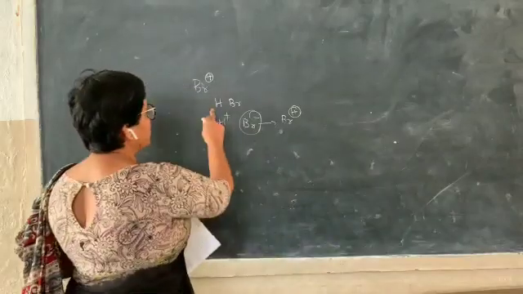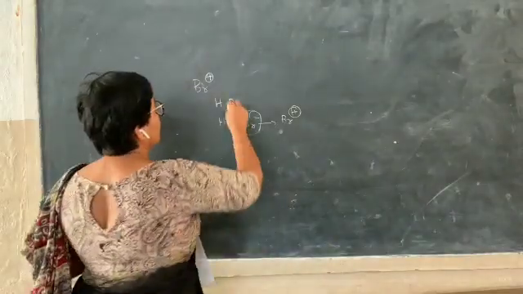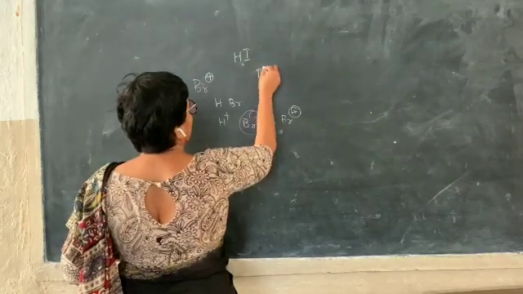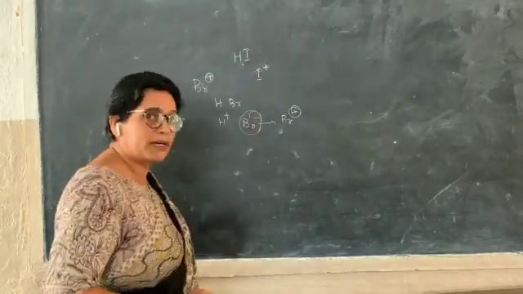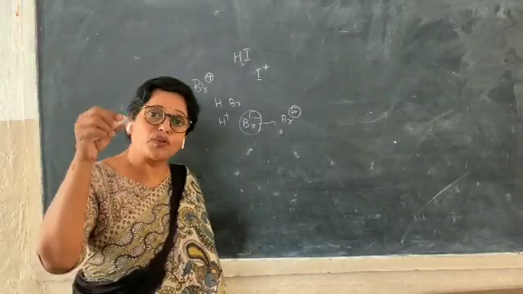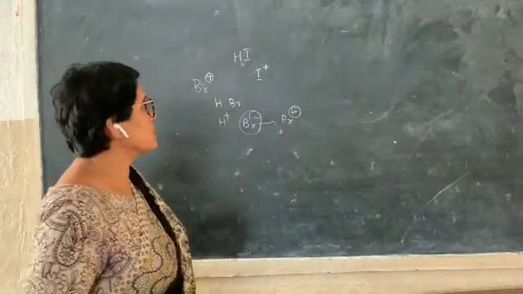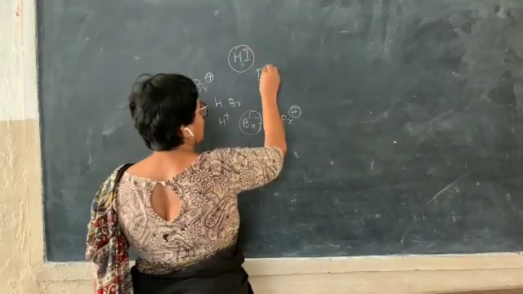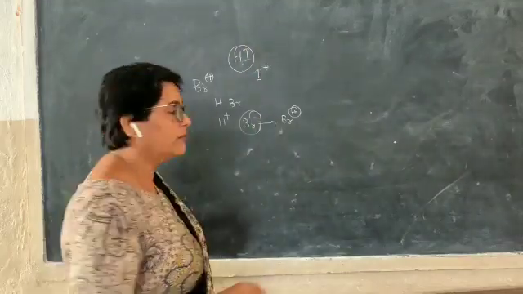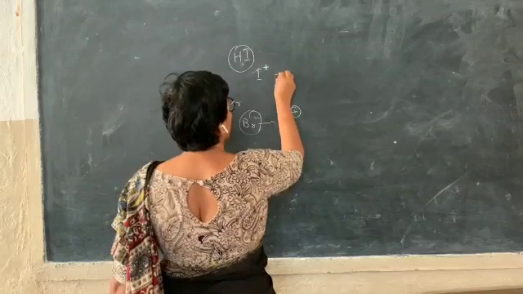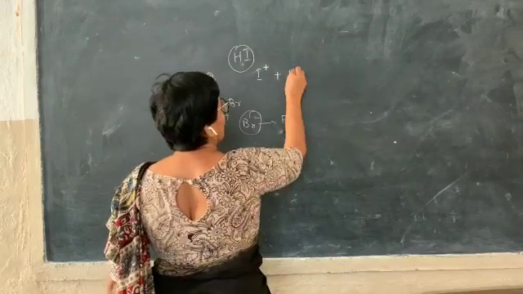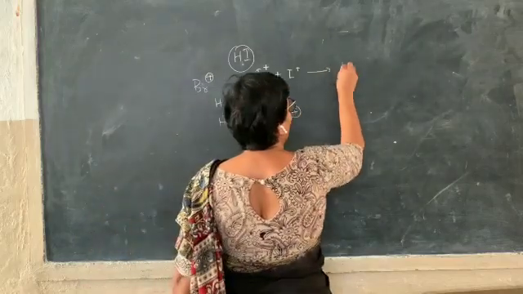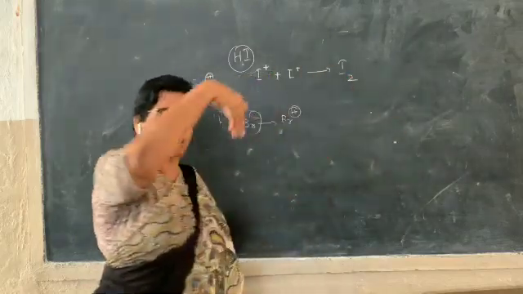Instead of HBr, if you provide HI, an I free radical will be formed, but the coupling process will occur. Coupling means one iodine radical will react with another iodine radical to form I2 back.